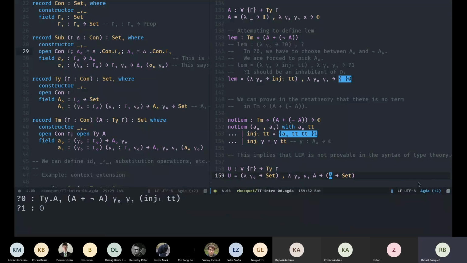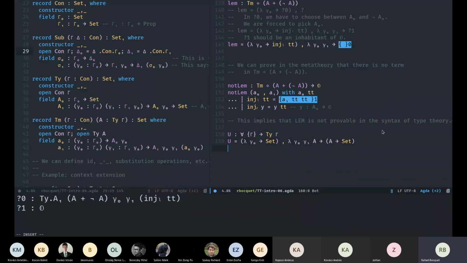So, I mean, is this the universe in the family model? Yes. Okay. Yeah.